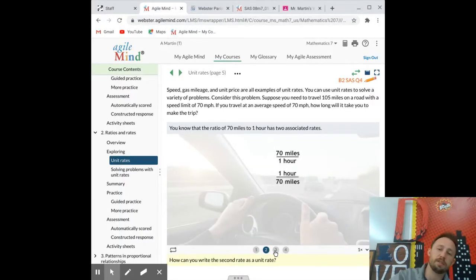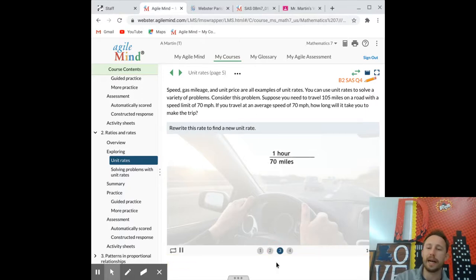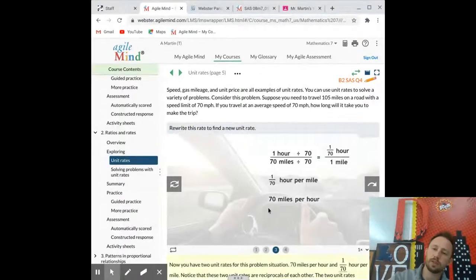So we could say 70 miles per hour or 1/70th hours per mile. All right, so those are our two unit rates. And so we can use this either way.